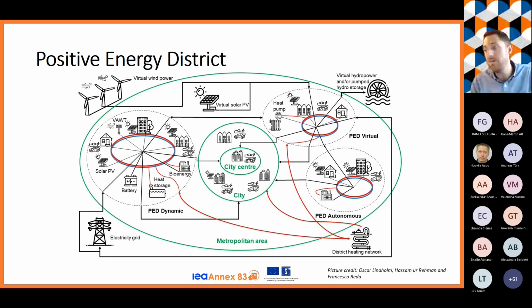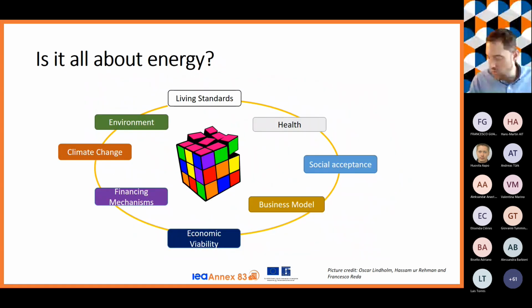And then we have the virtual PED, which can have production assets outside the boundaries of the district and can make use of other solutions. So this is in a nutshell what's going on around the PET. But is it all about energy?